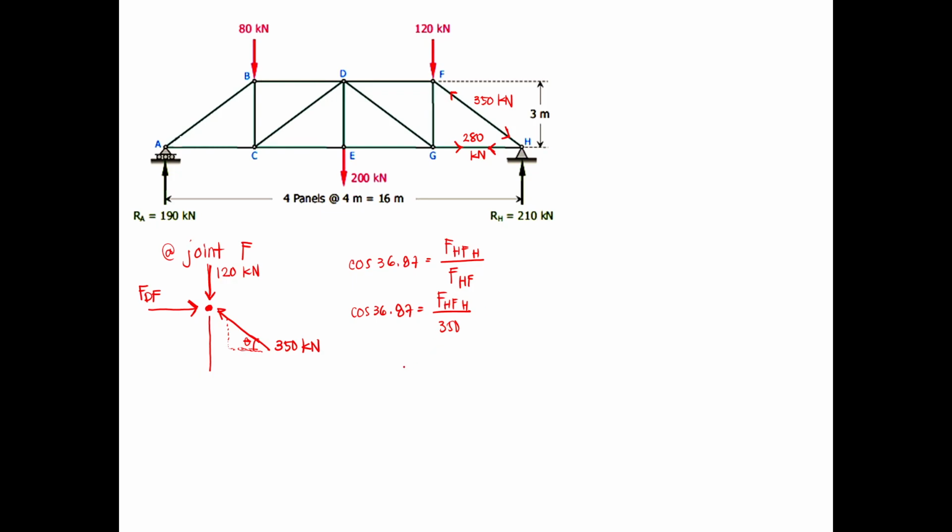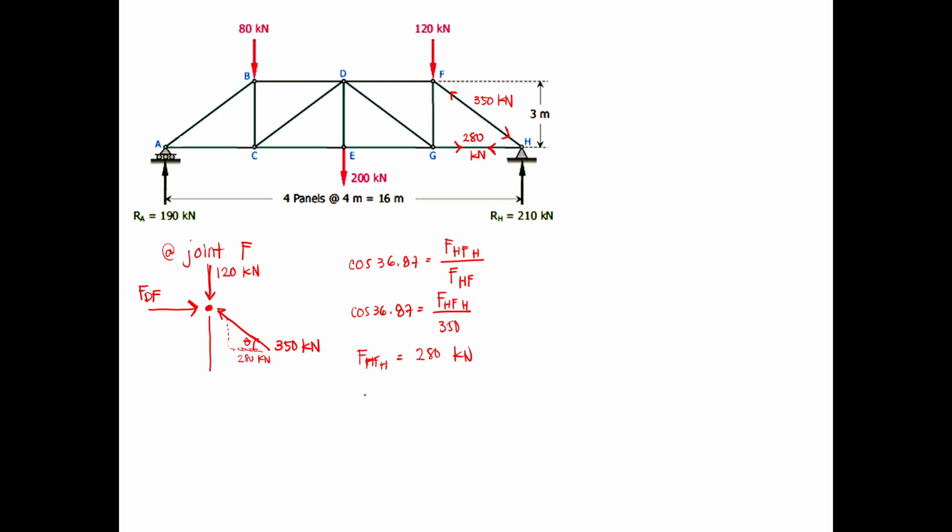Okay, so this one is the horizontal component, HF horizontal is equal to 280 kilonewtons.